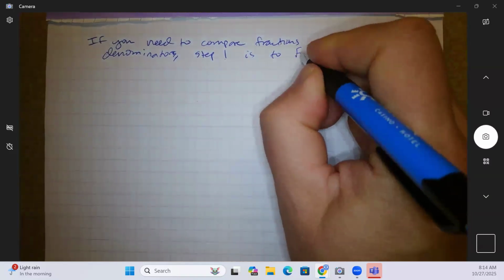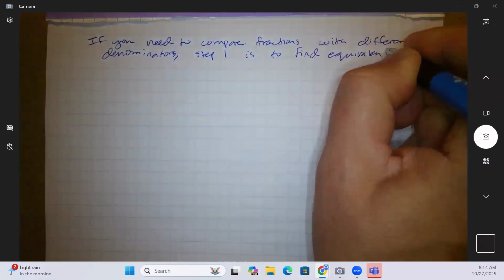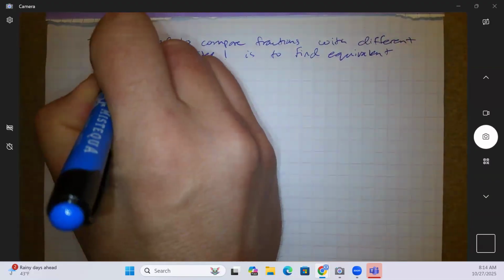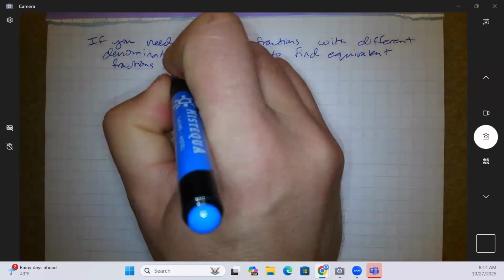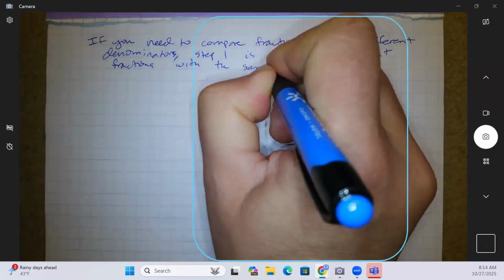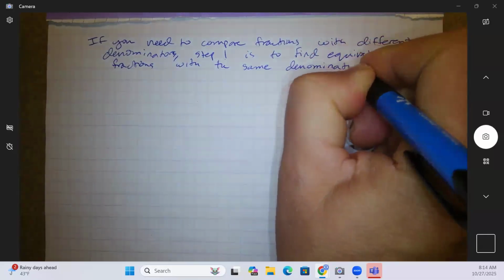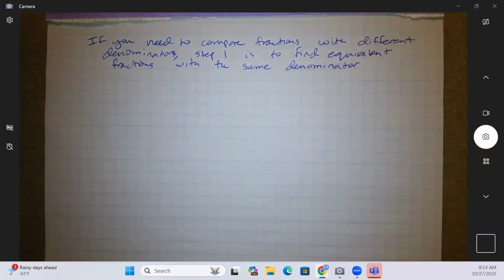I'm going to use that term, find equivalent fractions with the same denominator. Remember, an equivalent fraction is just a fraction written a different way.